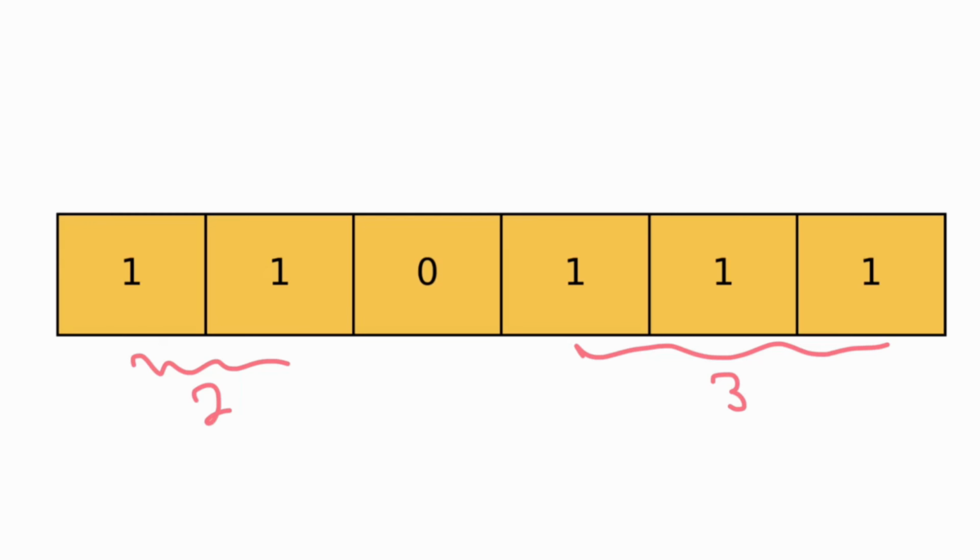Okay, so here we can use 2 pointers, left and right. Left is the beginning of the sliding window and right is the end of the window. At the first step these two are at the same position, at 0, and at each iteration we increase r by 1, and we increase the left pointer if we find a 0.